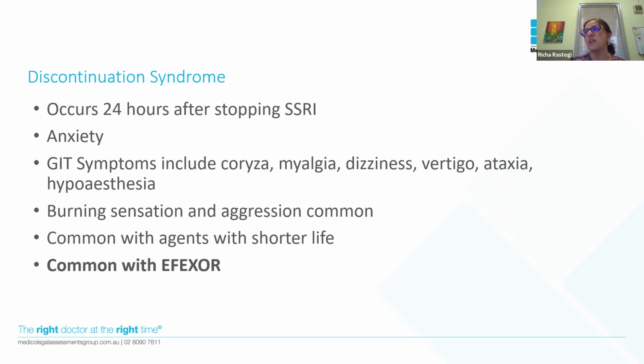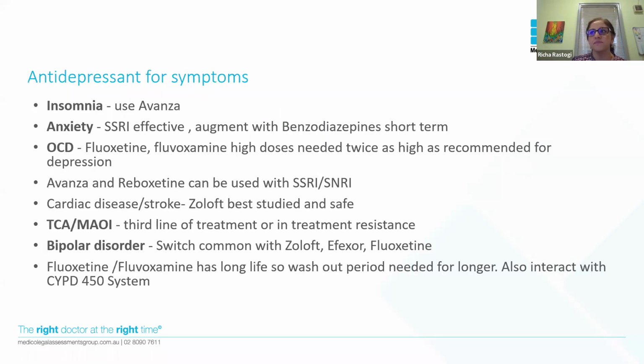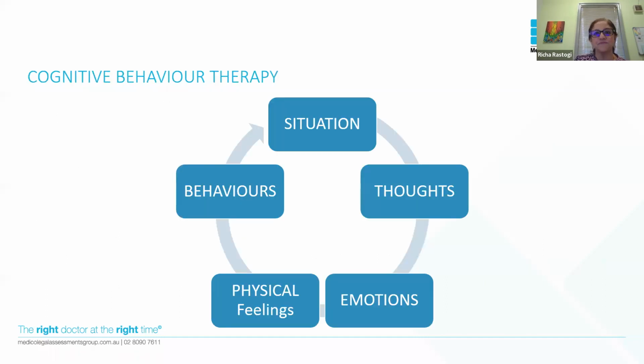So I'll move through this. I've just written a list which you can grab a copy from the slides as to which antidepressant is good for what and why do we use that particular one. So that is something symptom derived, and sometimes to the GPs I'd say try this because it has been proven that it affects. Go to the next slide.